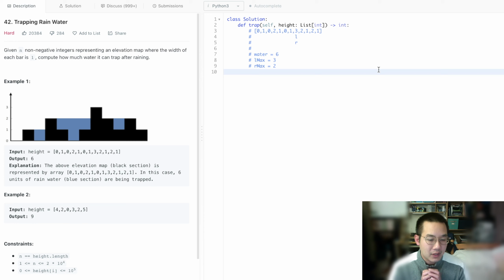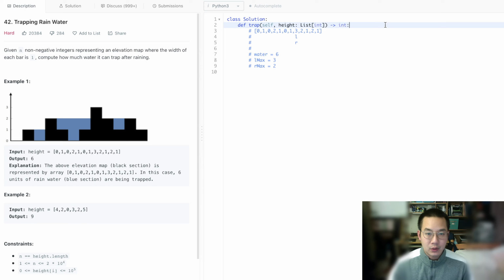Well, the idea here is that we need to calculate the amount of water we can hold at spots, and the parameters are that we need to look at the left side and the right side, and as far right as you need to go, or as far left as you need to go, the lower wall would be the cap. And so we will use that as our cap and move that pointer, and that way we can tell how much water we can hold. All right, let's get to it now.